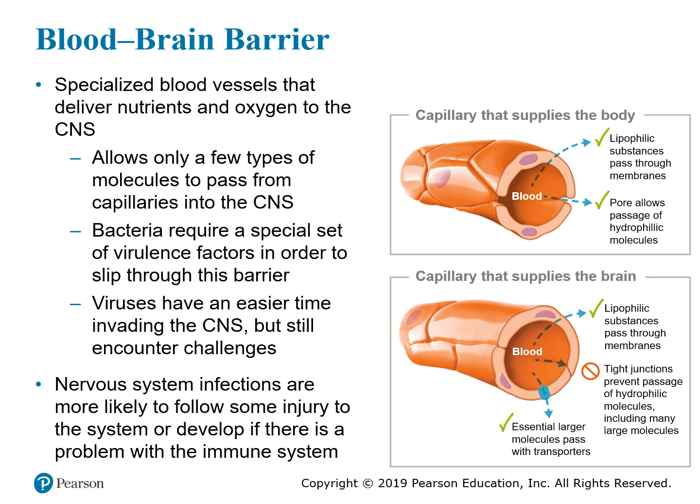Viruses have a little bit of an easier time actually invading the central nervous system, but they do encounter some challenges with that. So nervous system infections are more likely to follow some type of injury to the central nervous system, and they can also develop if there's some sort of other problem with the immune system that allows them to be able to cross over and invade that blood-brain barrier.